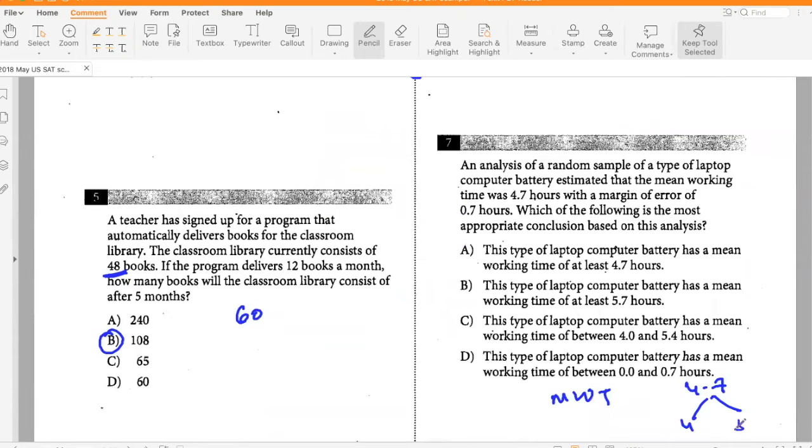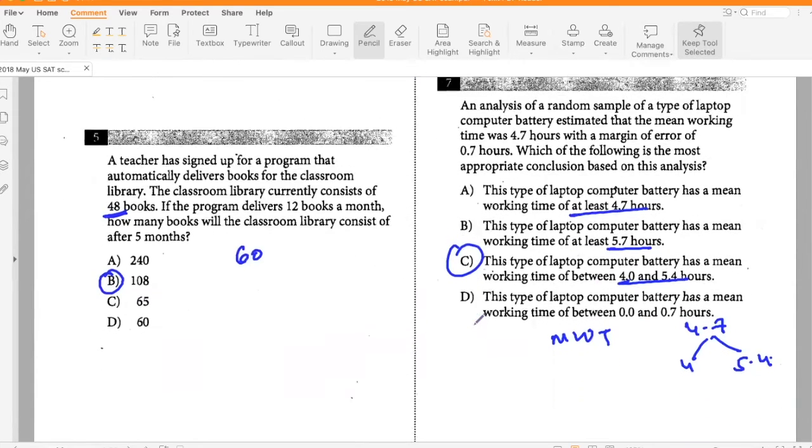So from 4 to 5.4. Not at least 4.7 hours. This type of battery, no, not at least 5.7. Yeah, it could be between 4 and 5.4. So it's C. The mean working time is between 4 and 5.4.